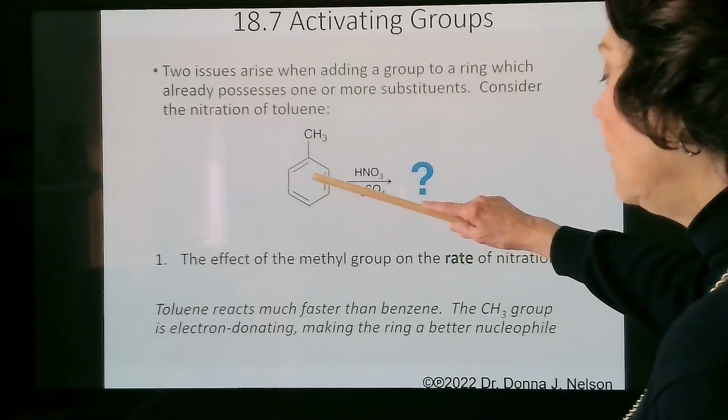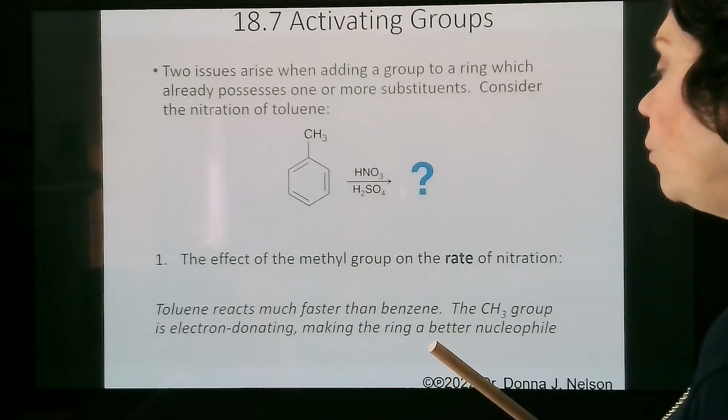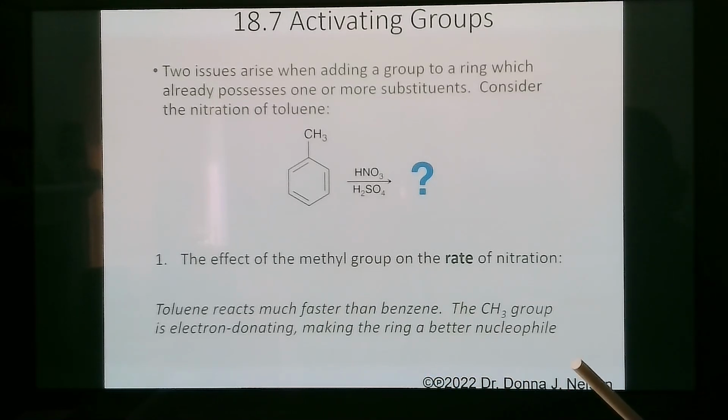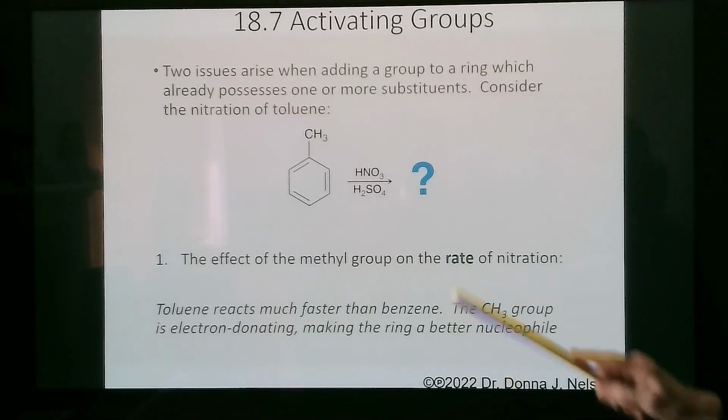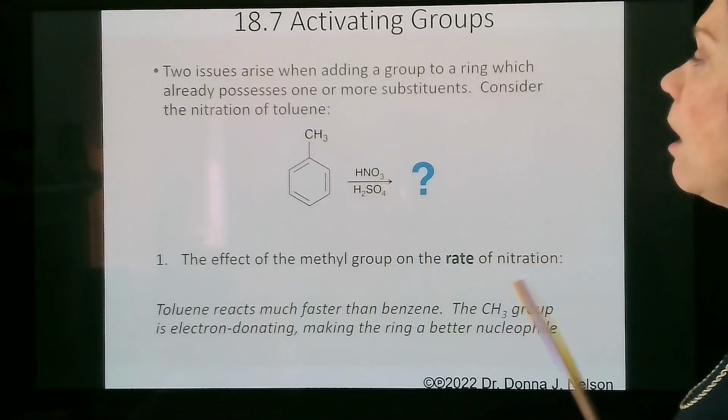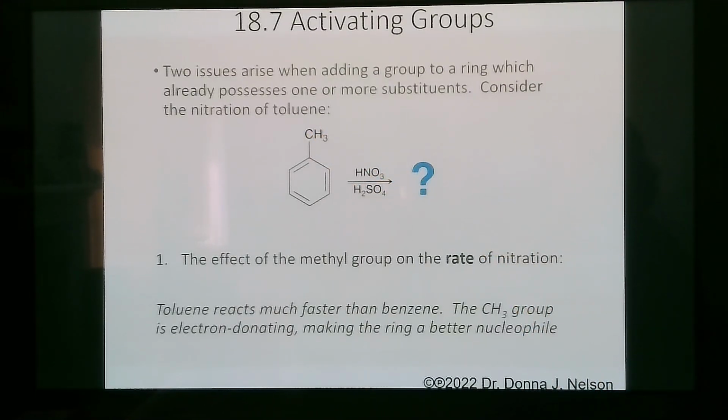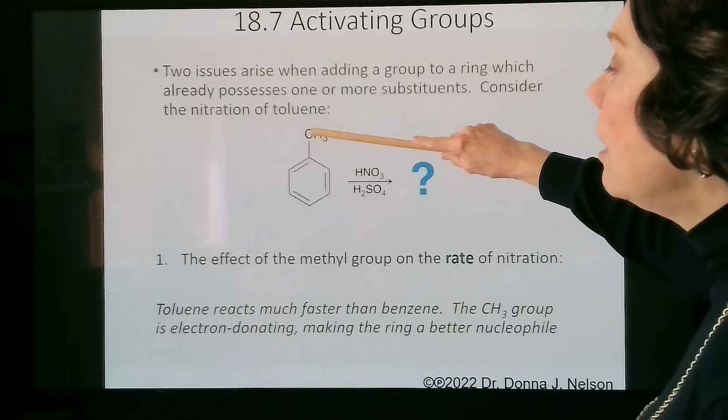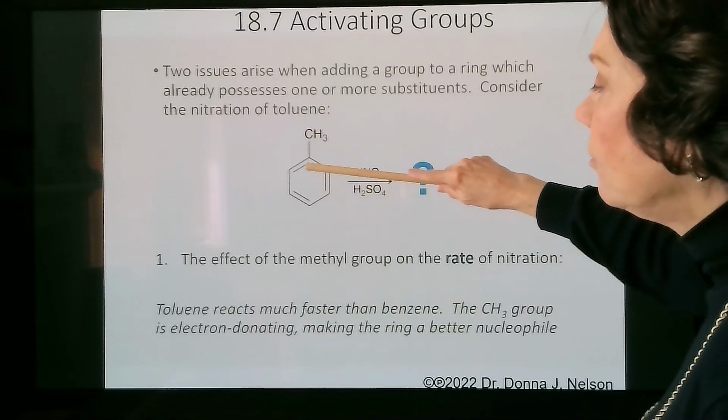So toluene, we know that toluene reacts faster than benzene generally. Alkyl groups are activating towards electrophilic aromatic substitution, and that's because methyl groups donate electron density into the ring.